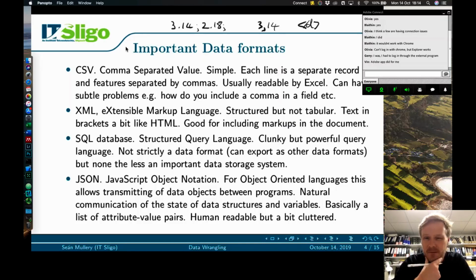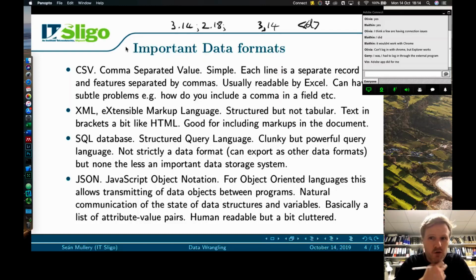So SQL database, which is not strictly a data format, but it is a very important system for being able to get information out of databases. It stands for Structured Query Language. You may also hear people call this "sequel", when they're making a phonetic version out of SQL, but it is meant to be called S-Q-L rather than "sequel". It's a little bit clunky, but it is very powerful. It's a very powerful query language.